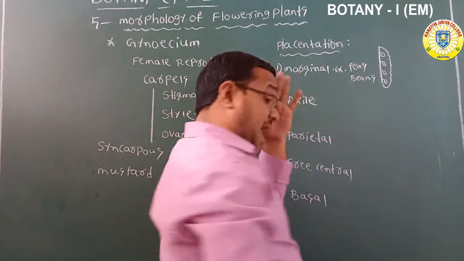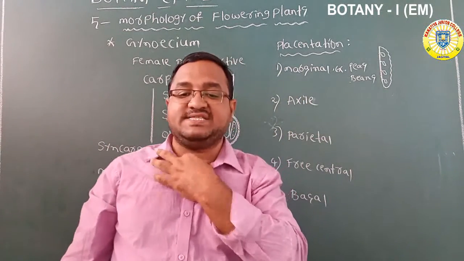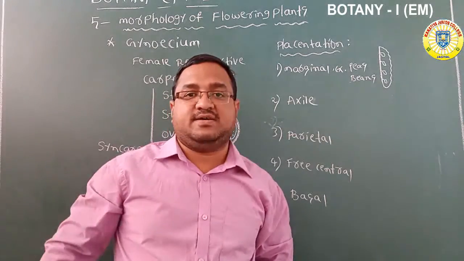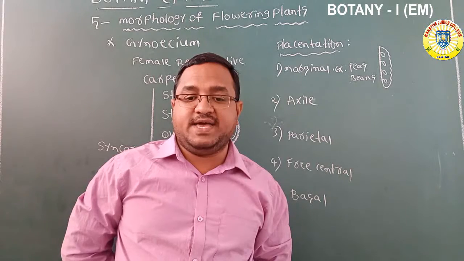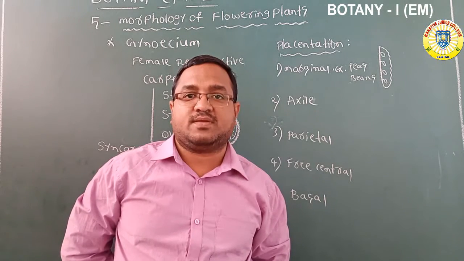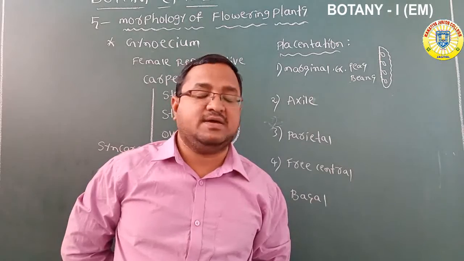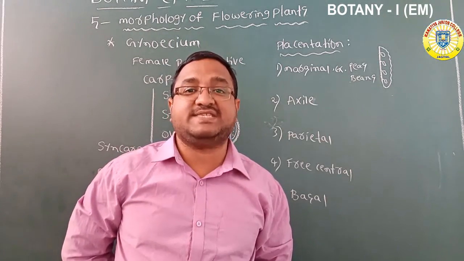Okay. Next, axial placentation. When the placenta is axial, in the center, you can see the ovules are attached to the placenta here. In this placentation, the placenta is axial, meaning the center.